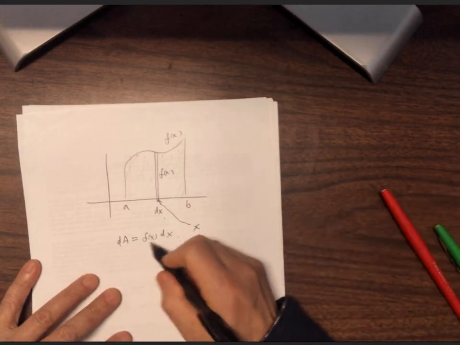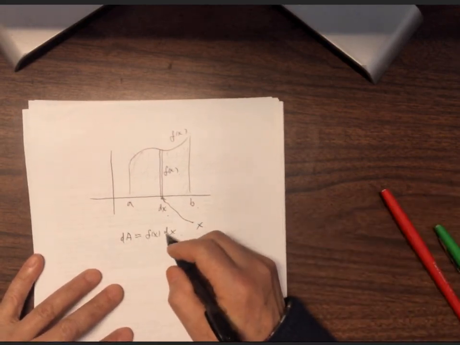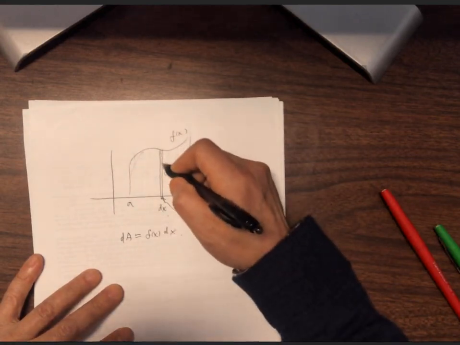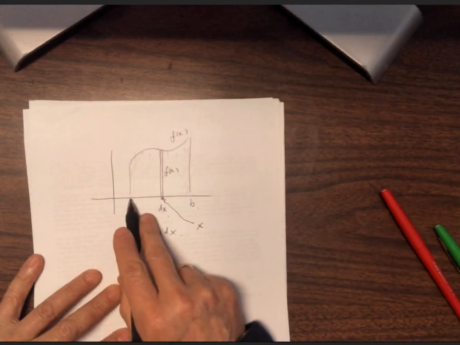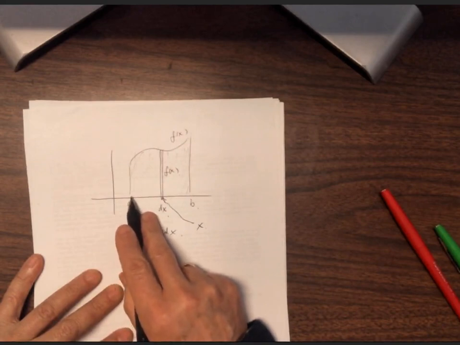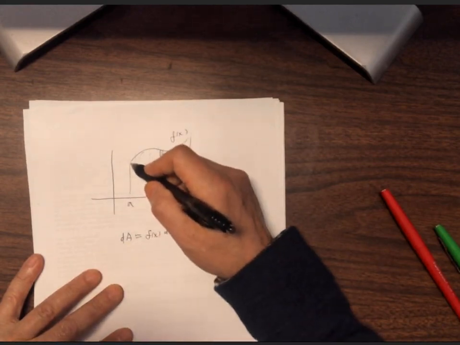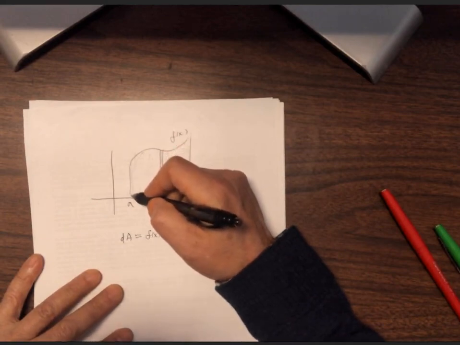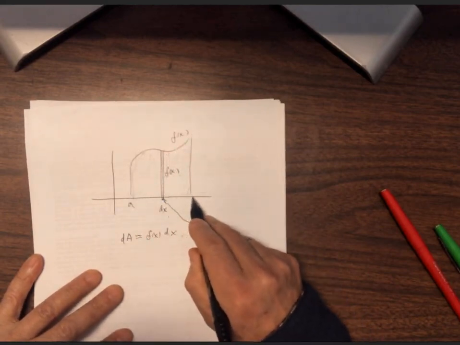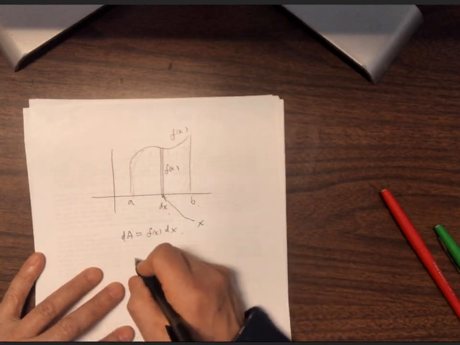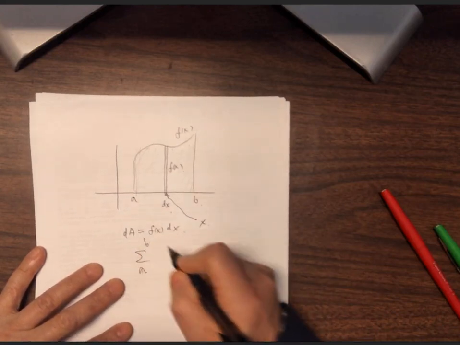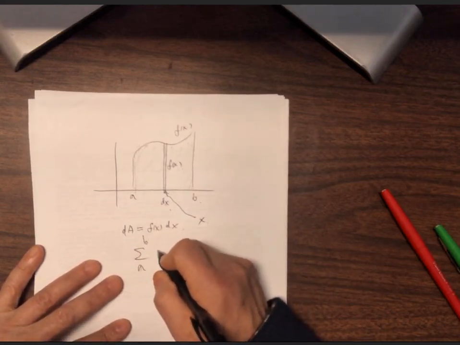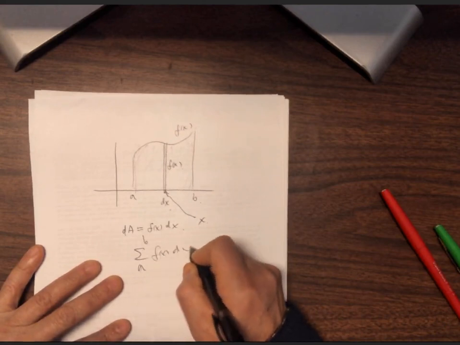So it's like a height times the width. The product would give us the area. Then we would add those up. We will start from the first strip, start from a and all the way to b. Therefore, we just add from a to b, f of x dx.